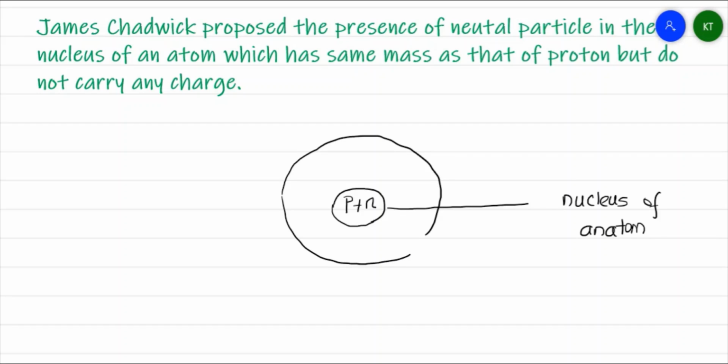And surrounding that nucleus, in a spherical orbit or shell, there are electrons. That is negative charge. So this is an electron which revolves, and the electron is negatively charged.